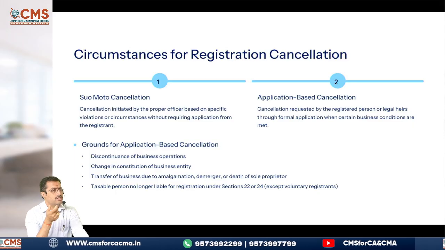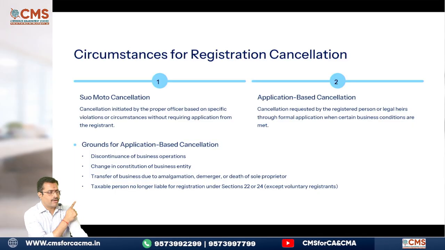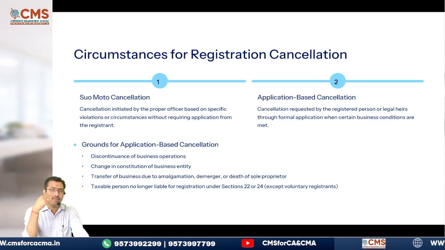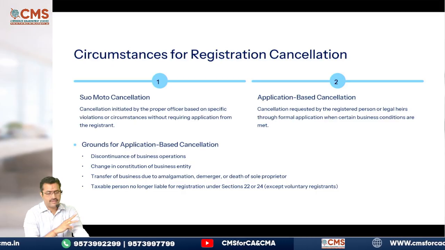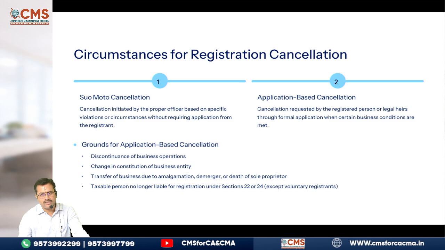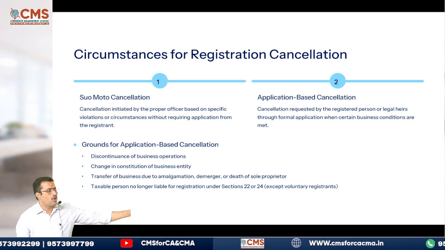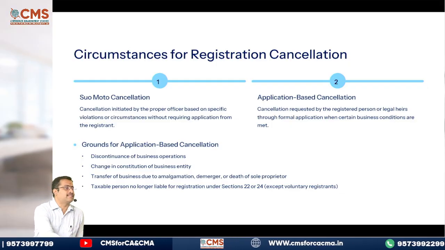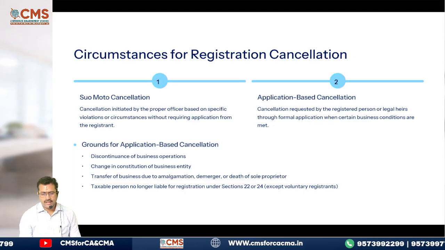That's called change in constitution. So four circumstances. Please see. Number one, discontinuance of business. Second, change in constitution of the business entity, for example a partnership firm where one or two partners got added. Third, transfer of business due to amalgamation, demerger or death of the sole proprietor. Lastly, the taxable person is no longer liable for registration. That's what I told: all taxable goods now became exempted goods, and I am not required to get myself registered.